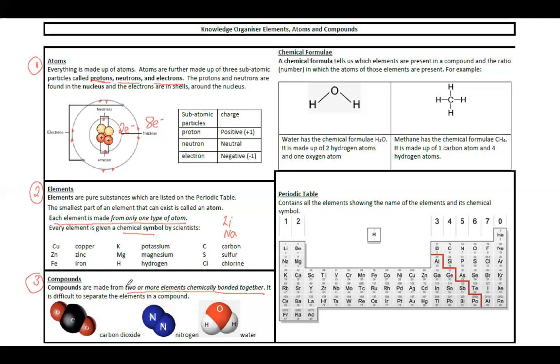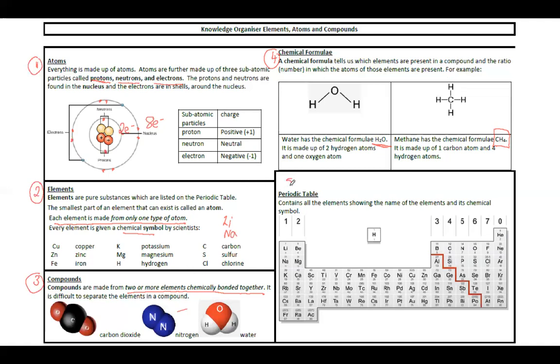Linked to compounds, you would have had a look at chemical formulae, which tell us which elements are present in a compound. For example, water has 2 hydrogens and 1 oxygen, so we write it as H2O. And methane, which is made up of 1 carbon and 4 hydrogen, we write as CH4. This is just a recap, so this should hopefully jog your memories a little bit.